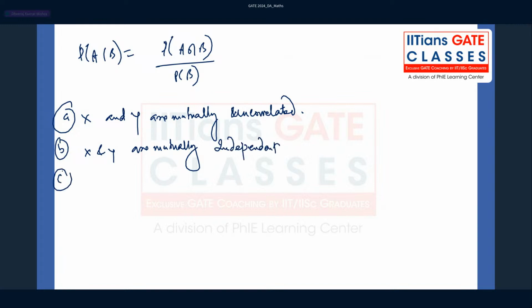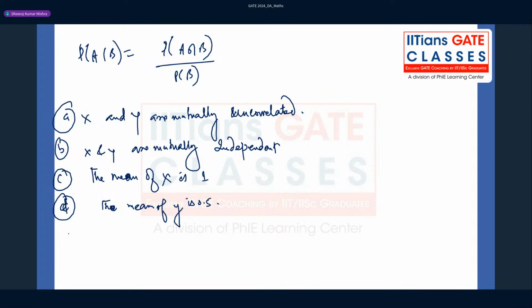And the mean of x is 1. And option D was given as: the mean of y is 0.5. These are the options they have given for the modified question.